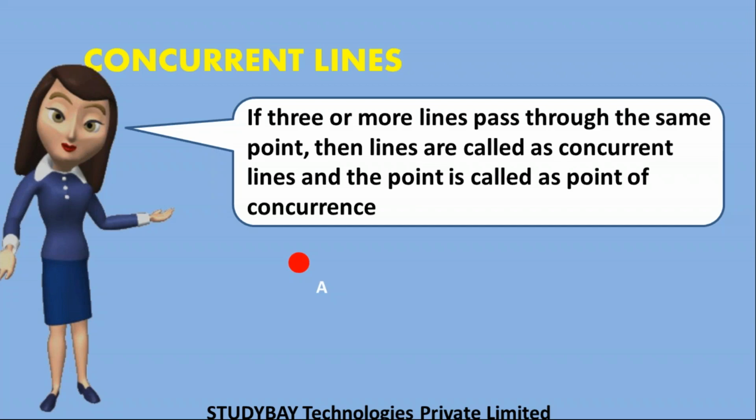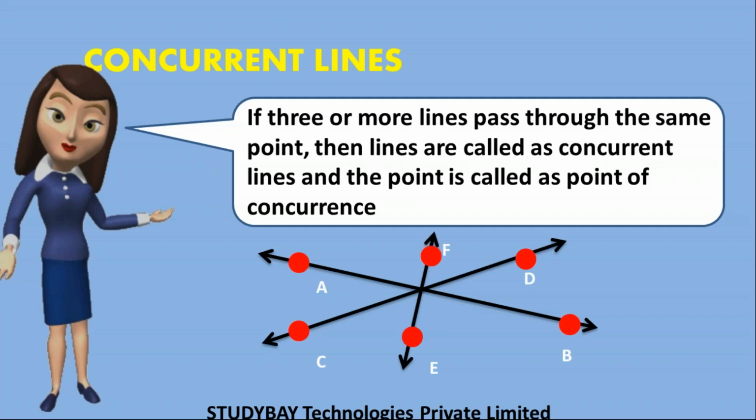You can see here we have points A, B, C, and D. Now, like this, we have 3 different lines. One is AB, one is CD, and the last one is EF. And all the 3 lines are actually passing through a single point here. And so these 3 lines are called concurrent lines, and the point over here is called the point of concurrence.